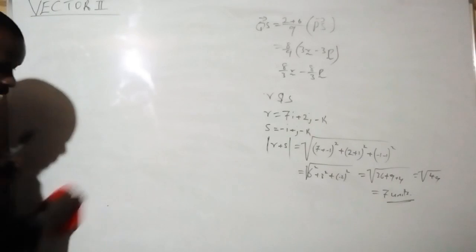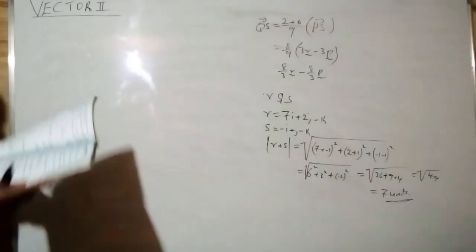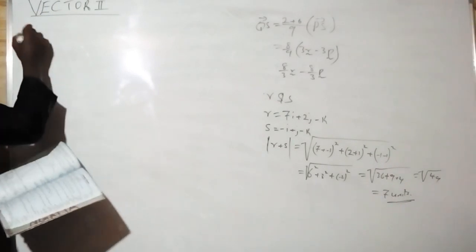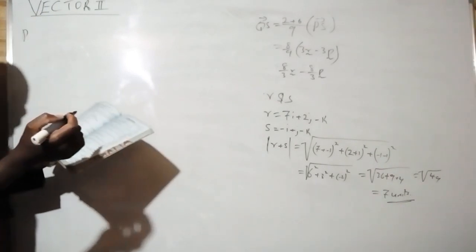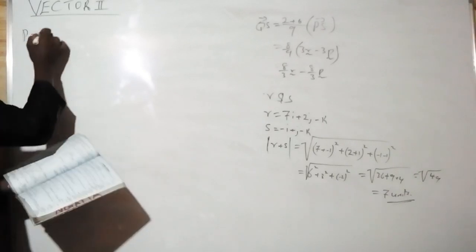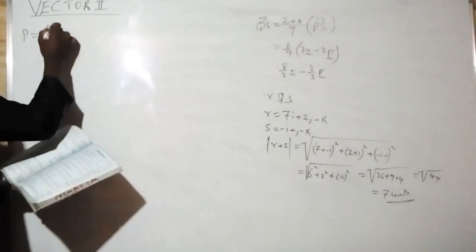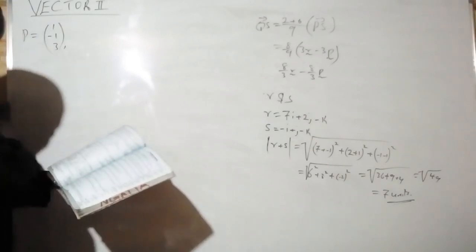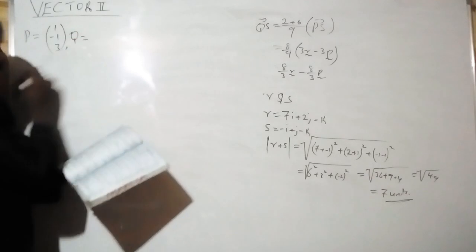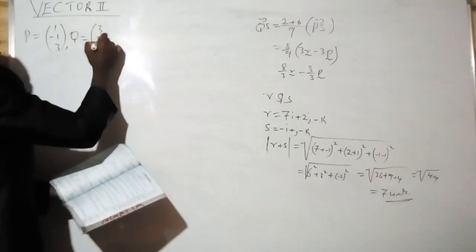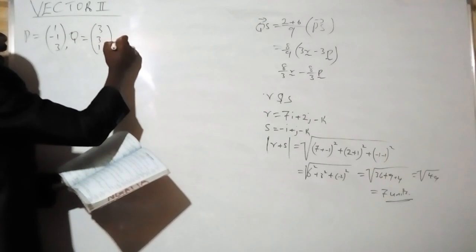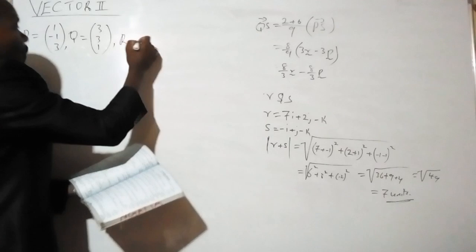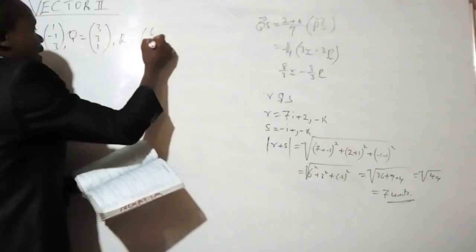You've been told that the position vectors of points P, Q and R are, for P, column 1, negative 1, 3, for Q equals 3, 3, 1, and for R, open the bracket, 6, 9, negative 2.